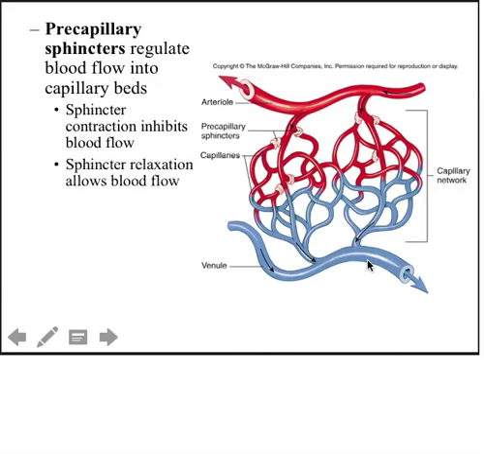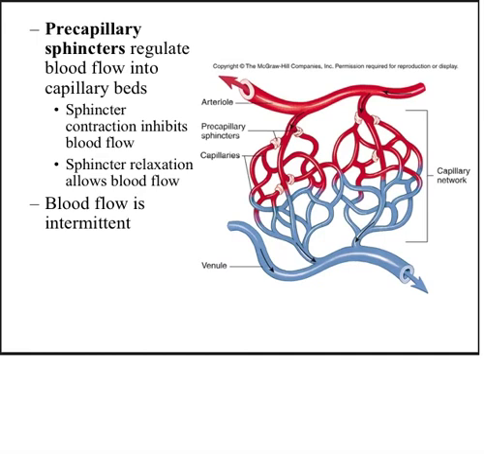But when the sphincters relax, blood flow through the capillary bed is permitted, and we're able then to deliver oxygen and nutrients while at the same time removing waste products. This is an intermittent activity in the body. At any one time, about 3/4 of the capillary beds are closed, but the body's able to regulate which beds are open and closed from moment to moment.